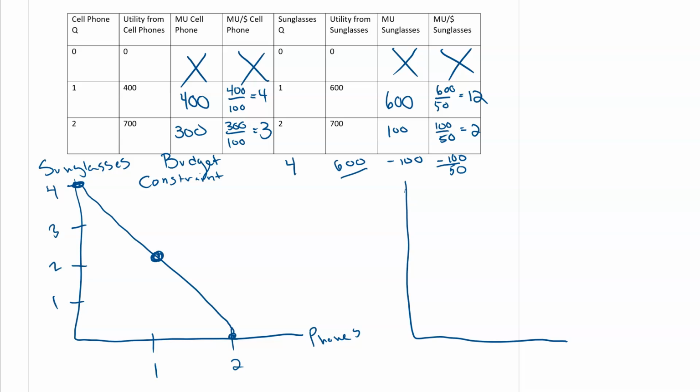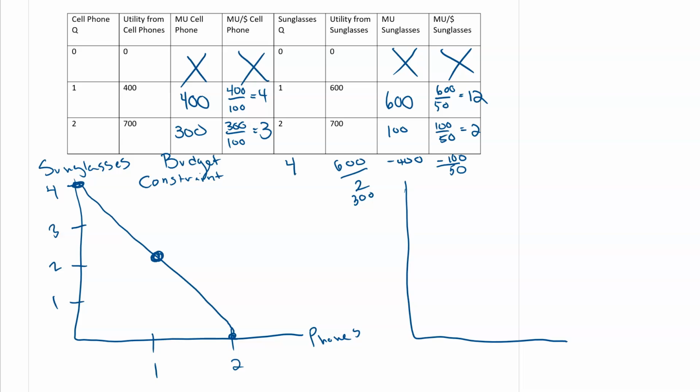Oh, per unit, so divided by 2. Because it's an increase of 2, so it'd be negative 300. 300, yikes. And then divide that by 4, you've got 700, 300, negative 400.